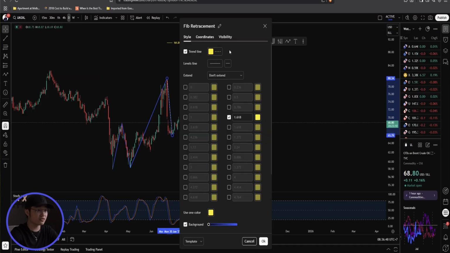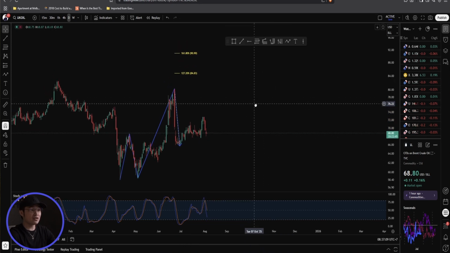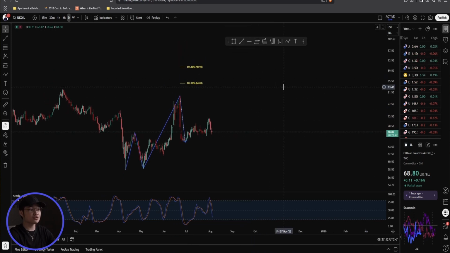These are the Fibonacci settings on TradingView. We can use 1.272, and another one, 2.618. So the level you have to keep an eye on in the external retracement of Fibonacci is first 127.2%, or 1.272.